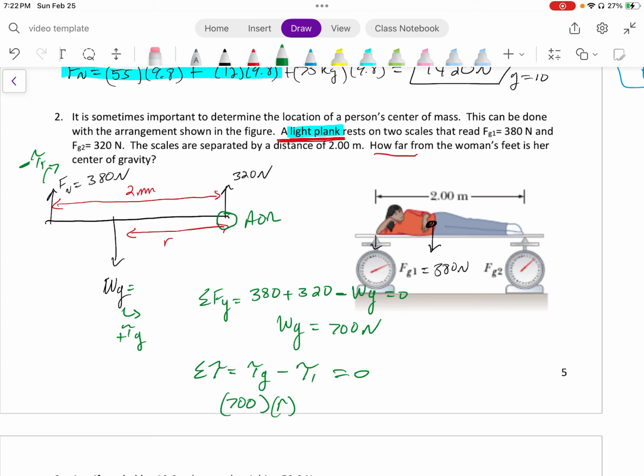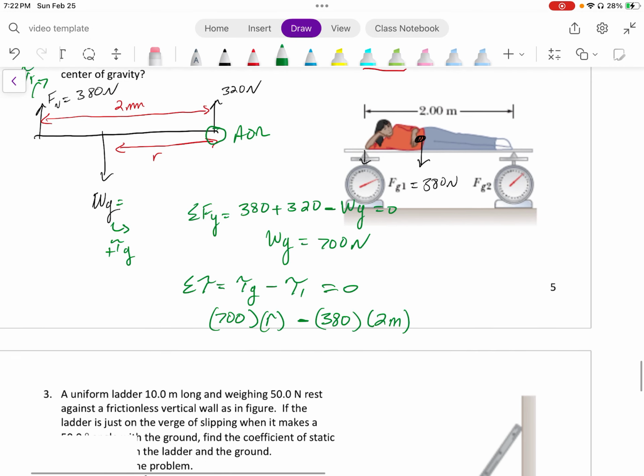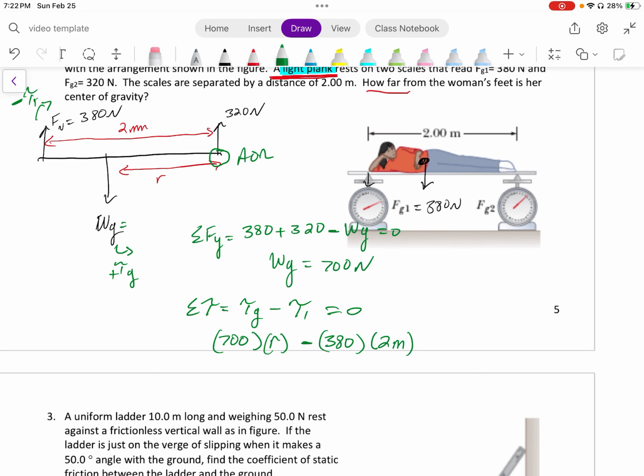That's my torque 1, minus torque from force normal 1, which is 380, times its distance away from the axis of rotation, which is 2 meters, times sine of 90, which is just 1. And I can ignore the torque caused by 320 newtons, which is force normal 2, because it runs right through the axis of rotation. So that's just going to go away. That equals 0. So now I will solve for r, and r will be 1.09 meters.